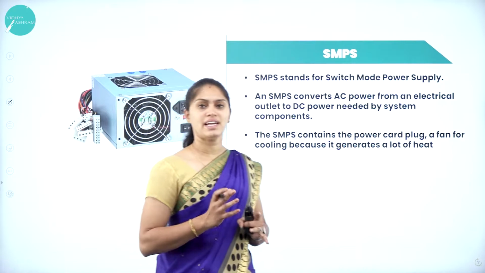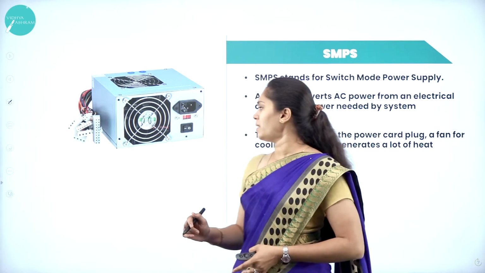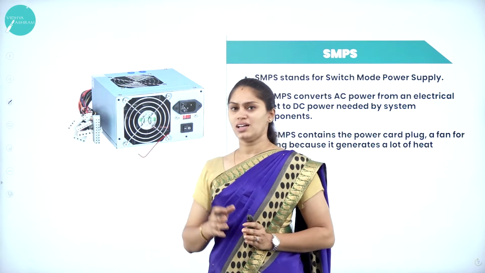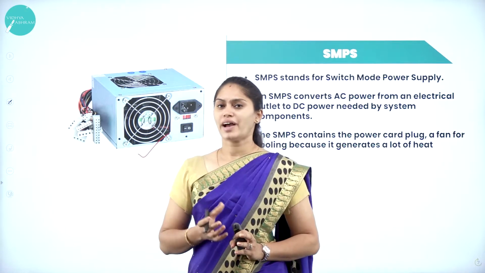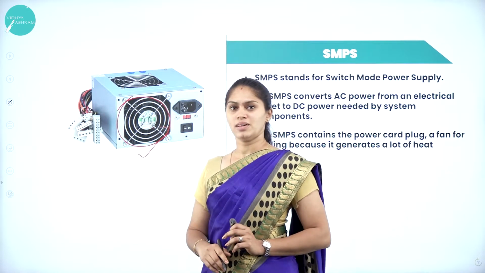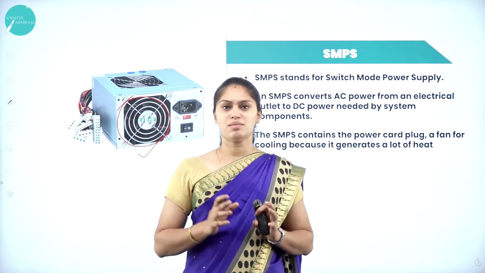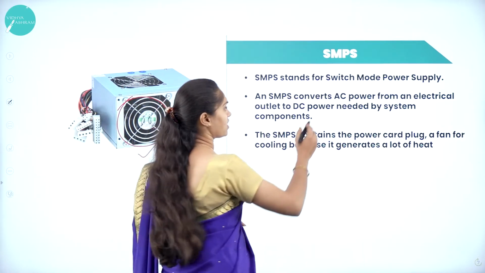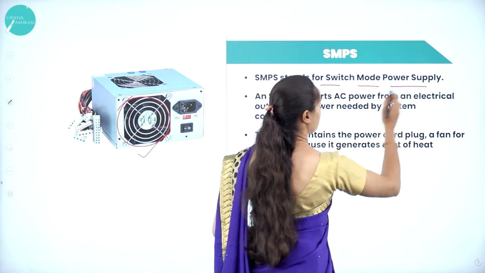Coming to the SMPS, you might have seen this component in the CPU. When you turn on the system, you hear some fan sound. That comes from this SMPS only. So what does SMPS stand for? Switch mode power supply.